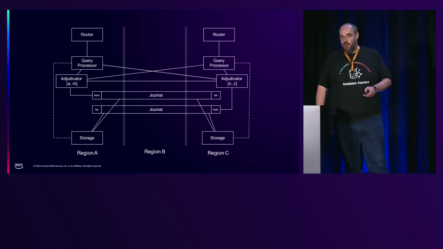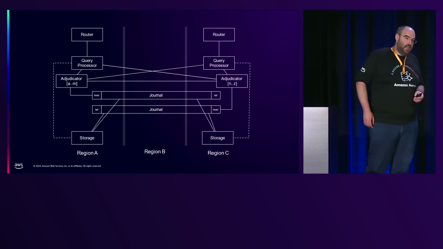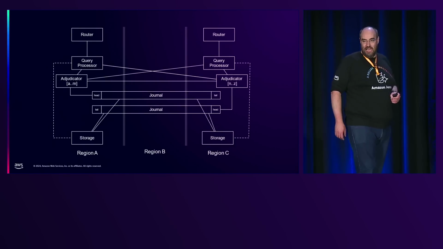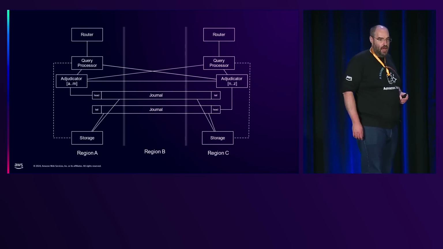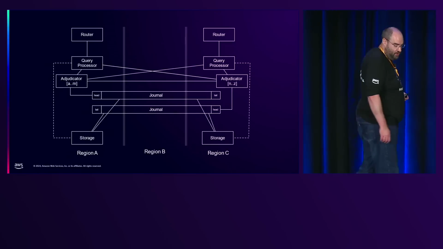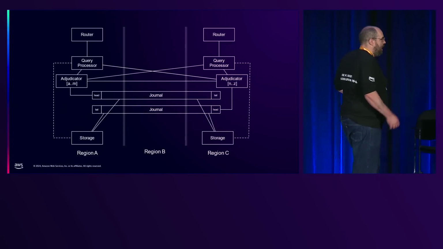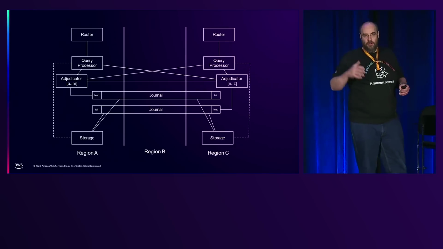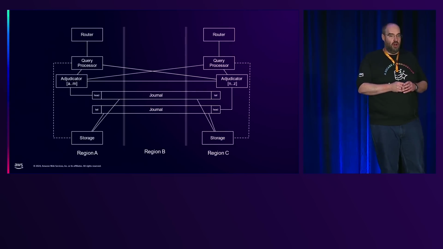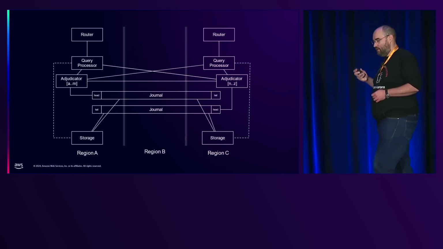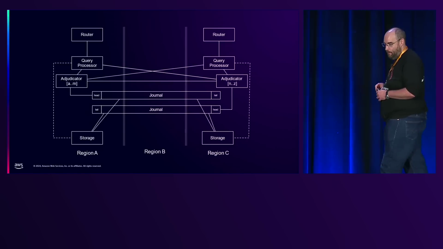That journal-only witness region ensures that if there is a split between 2 regions, one of them is clearly on a majority side and can continue to be available and consistent for clients on its side of the partition. And it also ensures that for distributions that go across large geographies, you can put that witness in the middle and optimize for latency. That's a nice additional property.